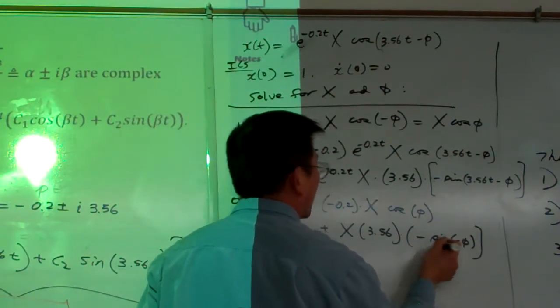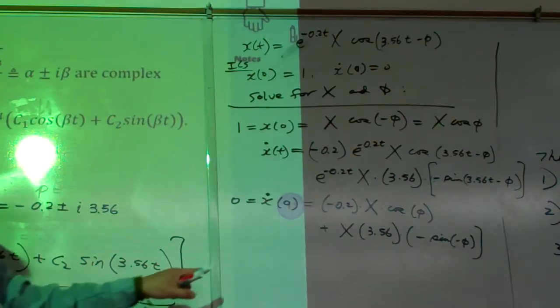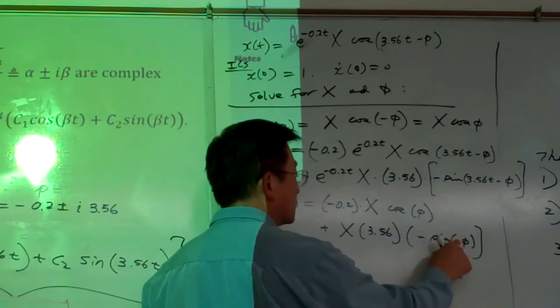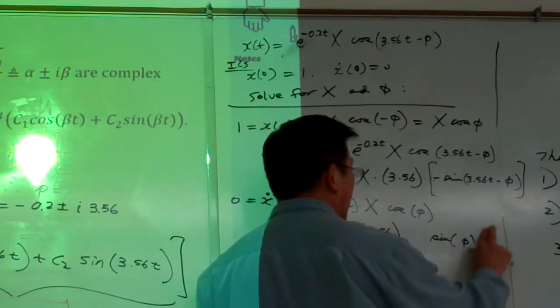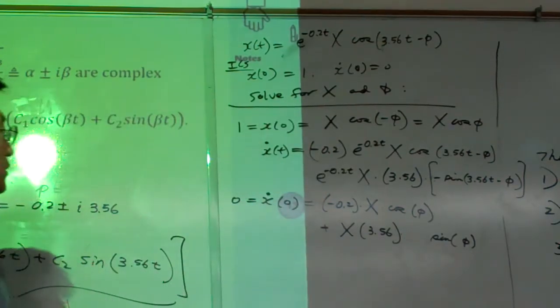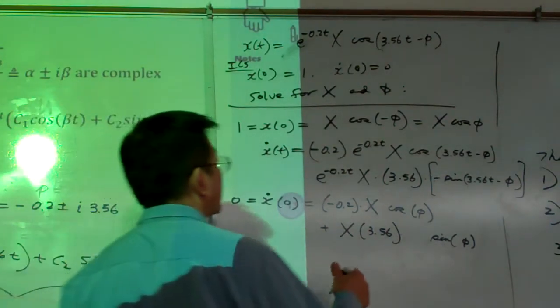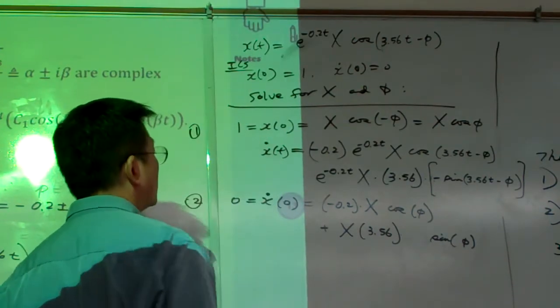I don't have a preparation for this example, so help me double check whether my calculation is correct or not. Should be right, right? Okay, and these are minus and multiplied with sine of minus phi, so why not we take the minus out and take this out, to help us see the whole thing more easily. Okay? Good? So right now, let me call this equation 1, this equation 2.